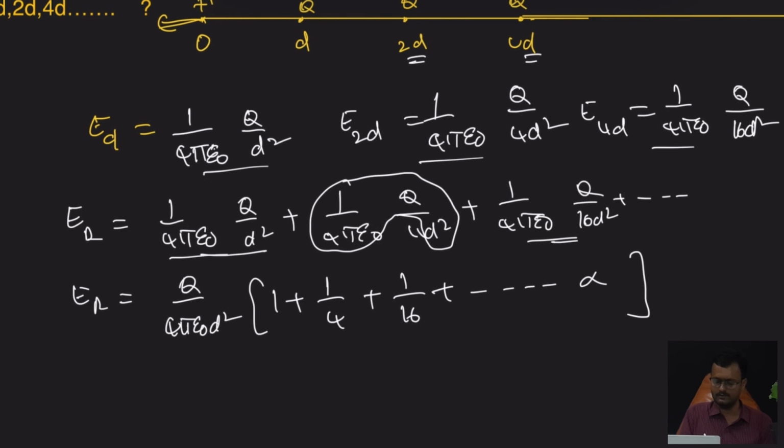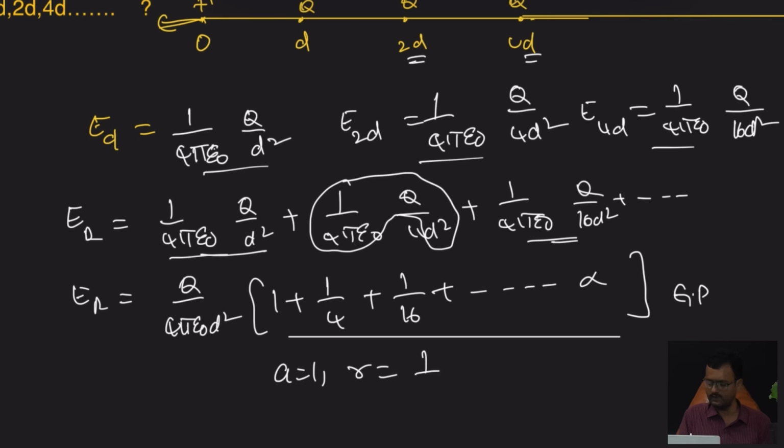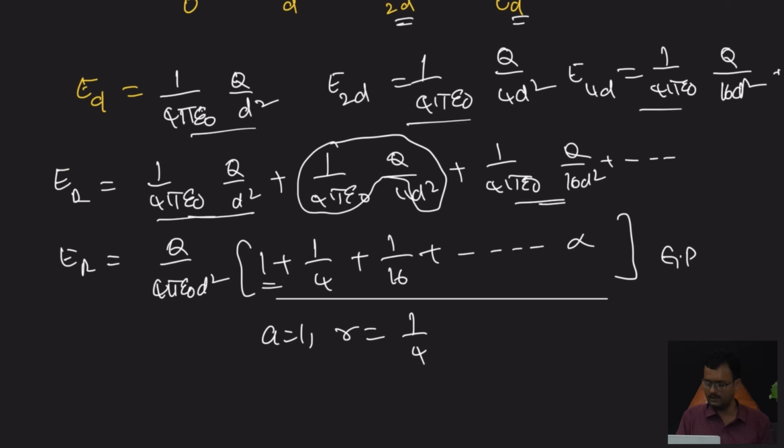This one is in GP, geometric progression. So what is A here? 1. What is R here? That is 1 by 4. Each term is multiplied by 1 by 4, so R is equal to 1 by 4.